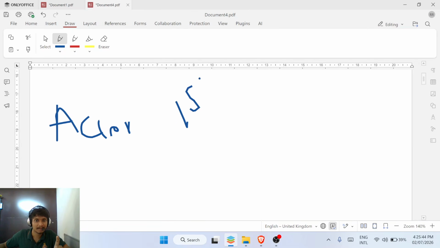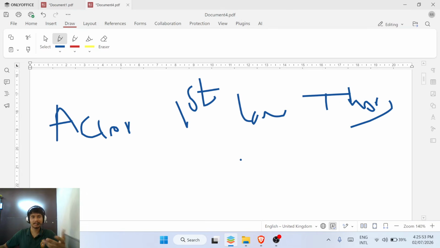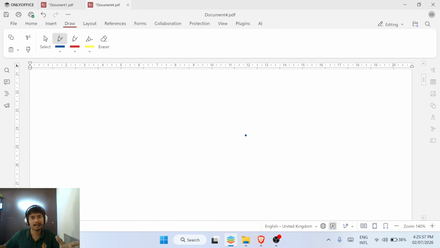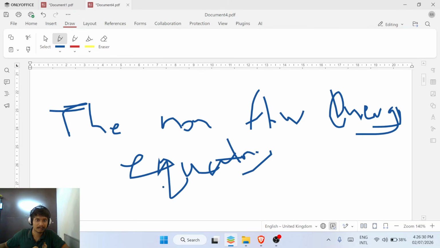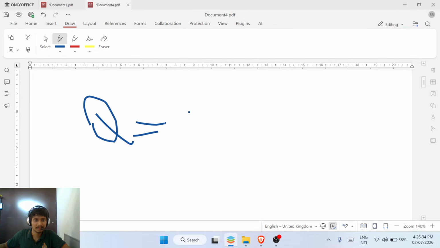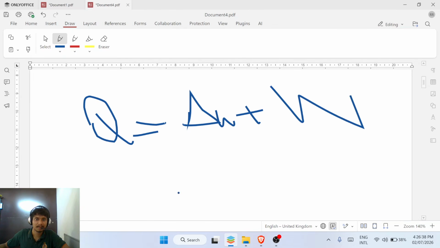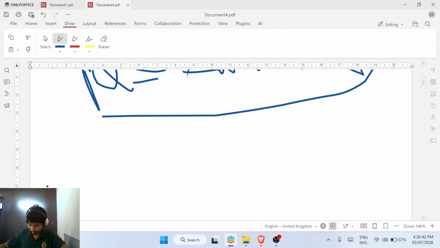According to the first law of thermodynamics, energy can't be created and energy can't be destroyed. The non-flow energy equation according to the first law of thermodynamics is Q is equal to delta small u plus W. So since we know Q and delta u, we can find W.